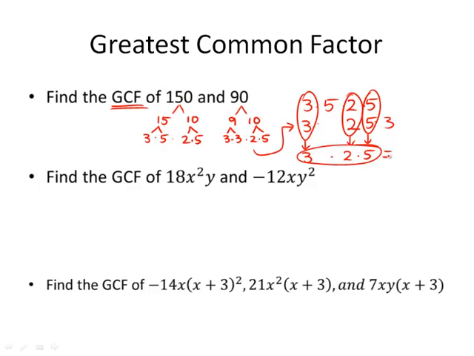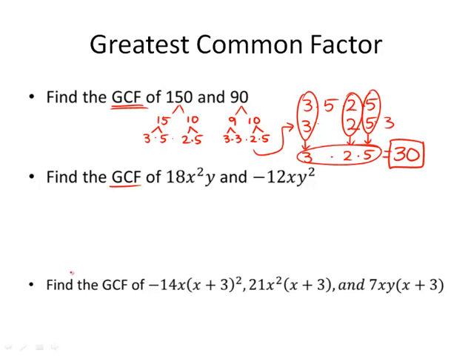So the biggest possible number we can make out of 3, 2, and 5 in the world of multiplication is 6 times 5, which is 30. Some of you may already know, 30 is the biggest number that divides evenly into 90 and 150. So this is just one way of finding the greatest common factor.